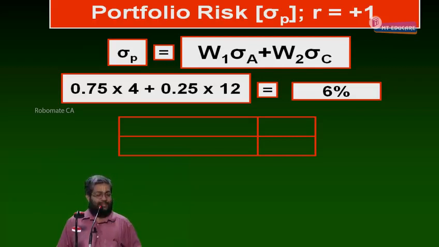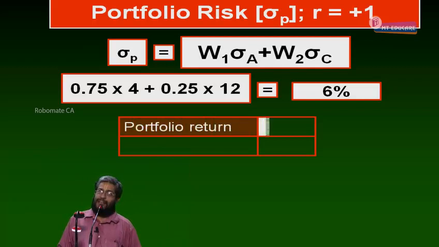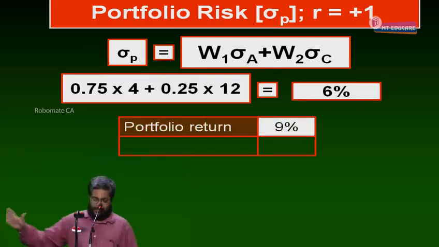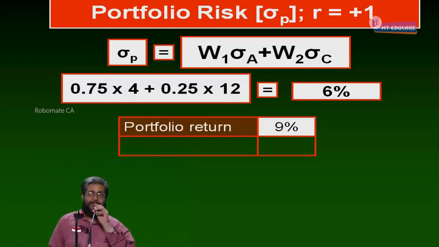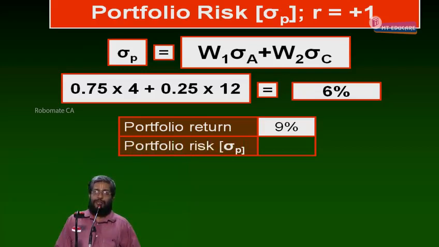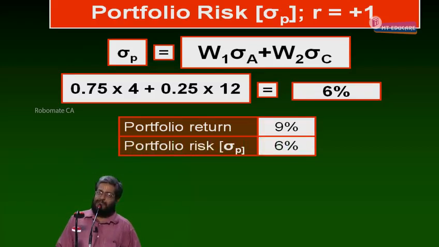Now, let us continue. Portfolio return is 9%. This portfolio is expected to give me how much return? 9%. Portfolio risk, sigma P, how much percent? 6%. Portfolio return is 9% and portfolio risk is 6%. I want an answer: is it a good portfolio or not? Is it efficient or inefficient?